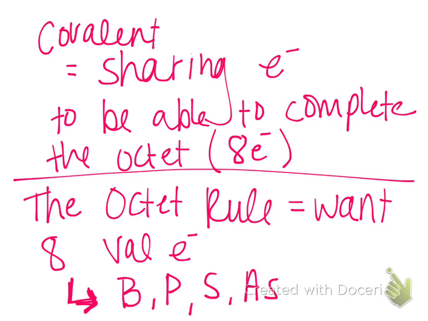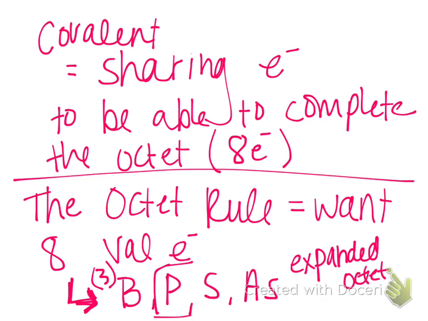So that means they might only get 3 things to bond with them, which wouldn't give them a full octet. That's okay. So boron might only use 3 bonds. Phosphorus and these guys, they might have what we call an expanded octet, which means they can hold more than 8 electrons in their outer shell. They might be able to hold 10 or 12 or whatever. So these guys can have more than 4 things bonded to them.